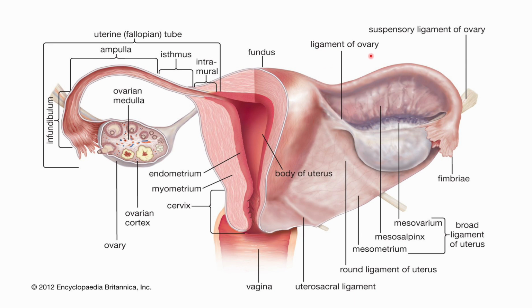The ligament of the ovary is right here, probably the easiest one to remember. And then we have the mesovarium, which is one of the 3 parts of the broad ligament of the uterus, right here. Now we're going to go in depth on each of these ligaments and what vessels they may or may not contain and all the rest. So here we go.